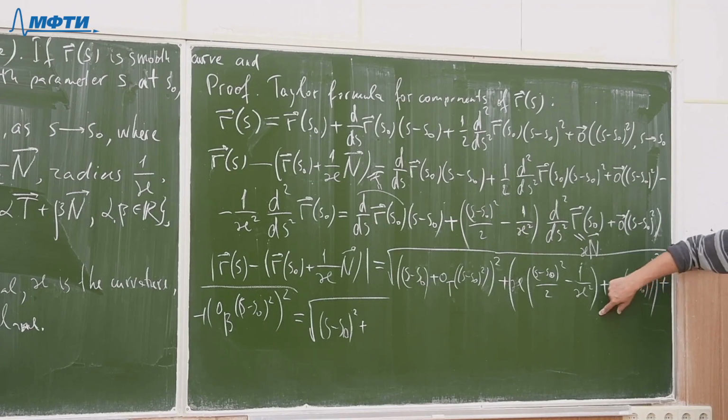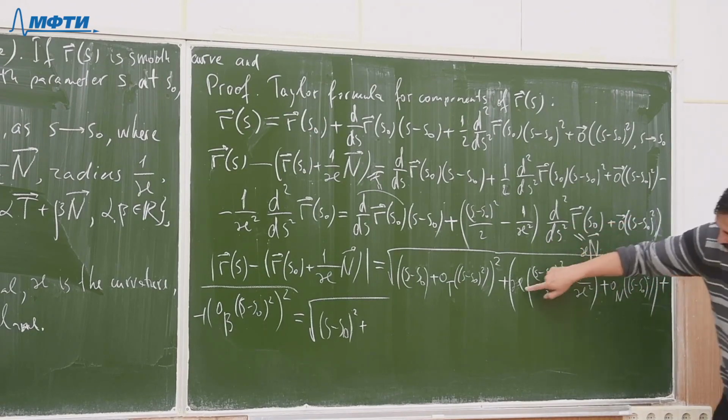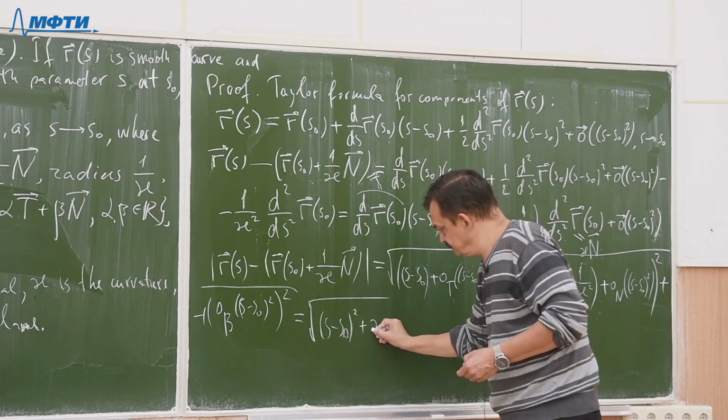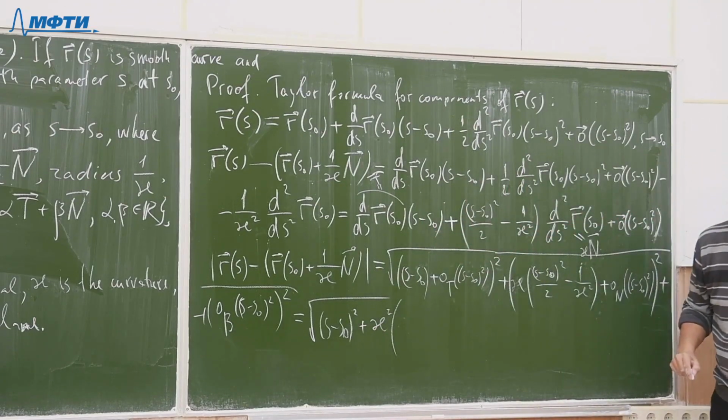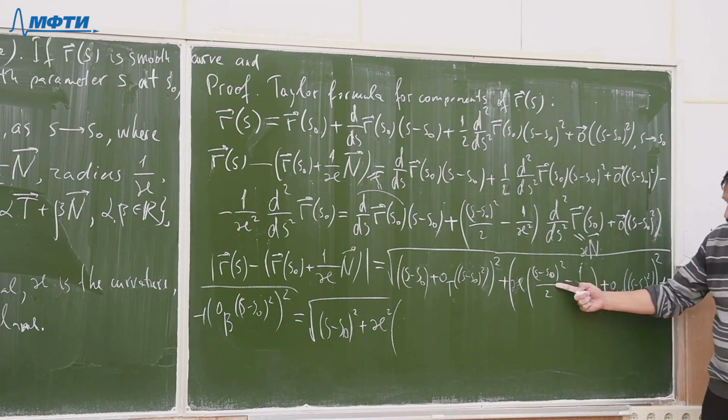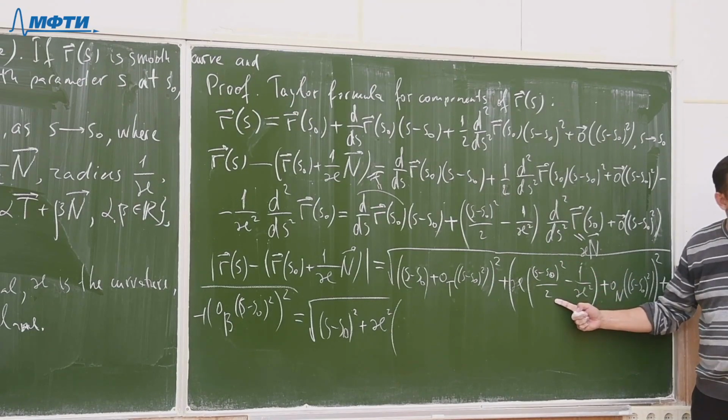Square kappa squared, right? Kappa squared times what? Square of this is power 4, right? We don't care. Power 4 is greater than 2. Little o of power 2.